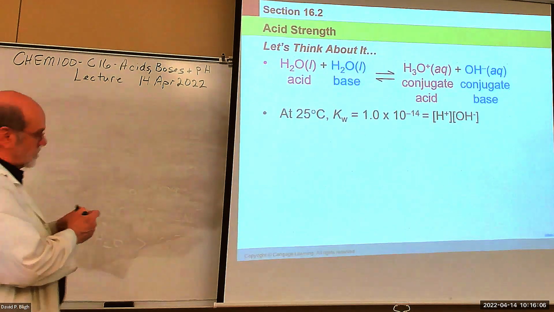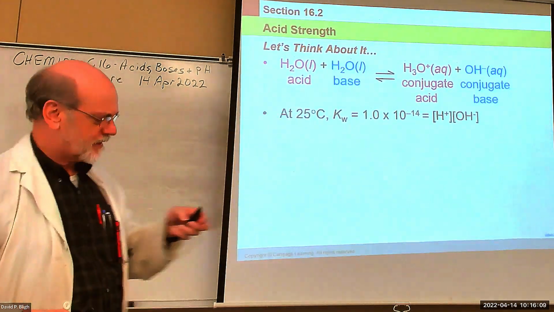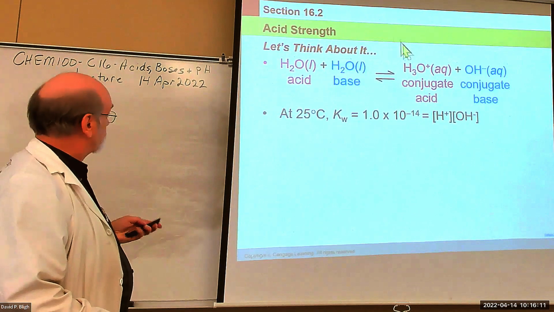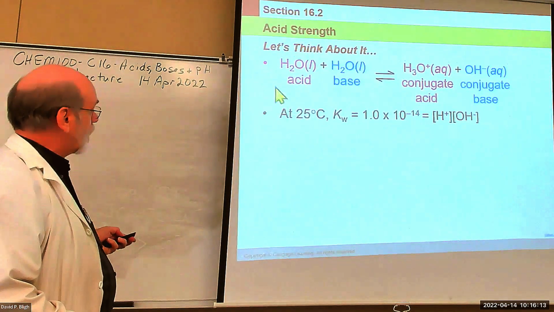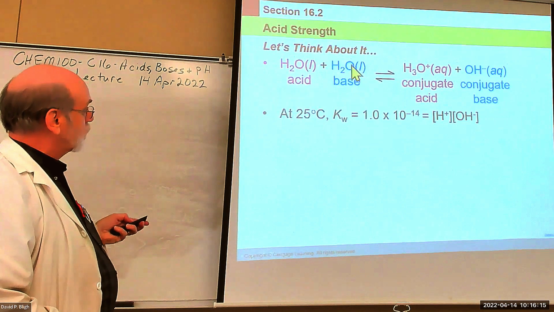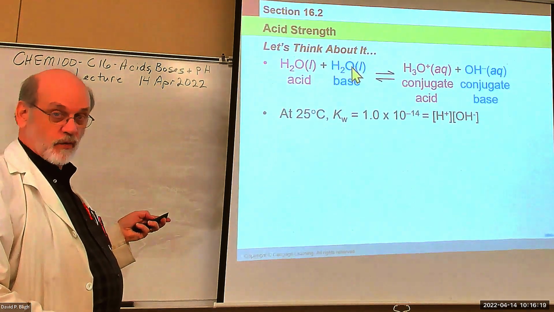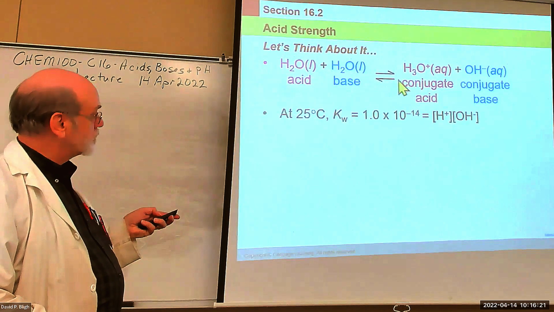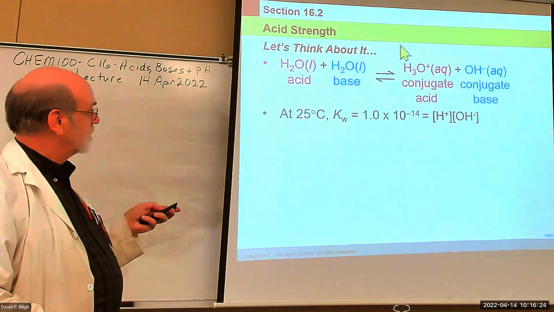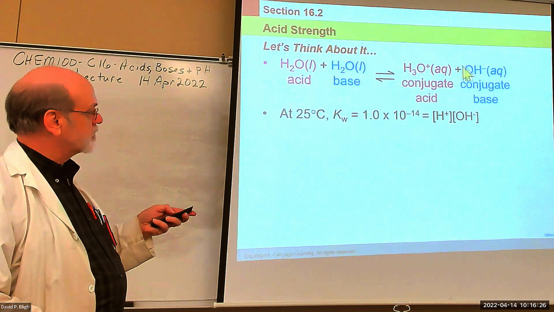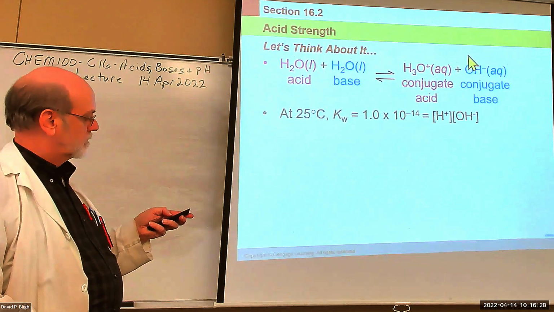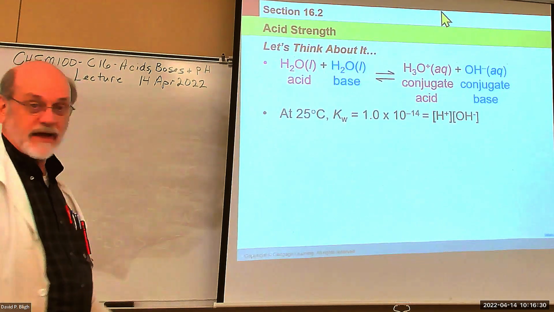So, oh, we got it on the board already. One water molecule will act like an acid and the other one will act like a base. So the acid will donate a proton to the other water molecule, and what you get is a conjugate acid of the base and a conjugate base of the acid. Okay?